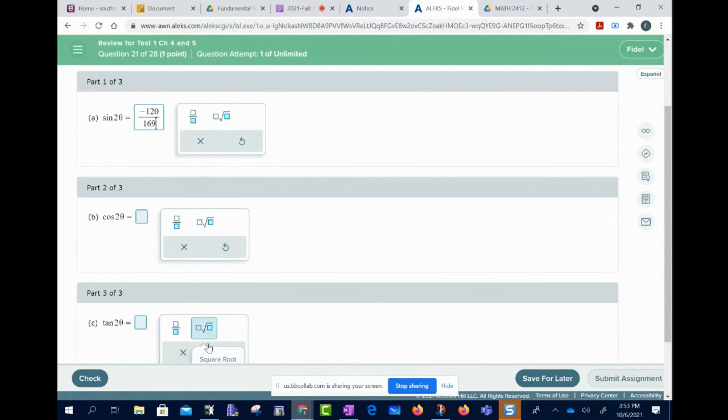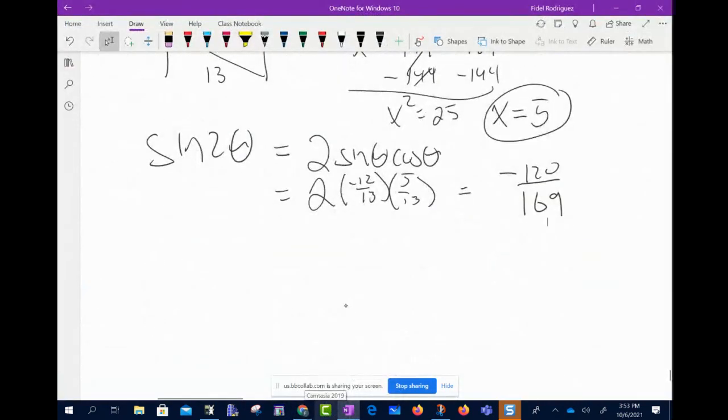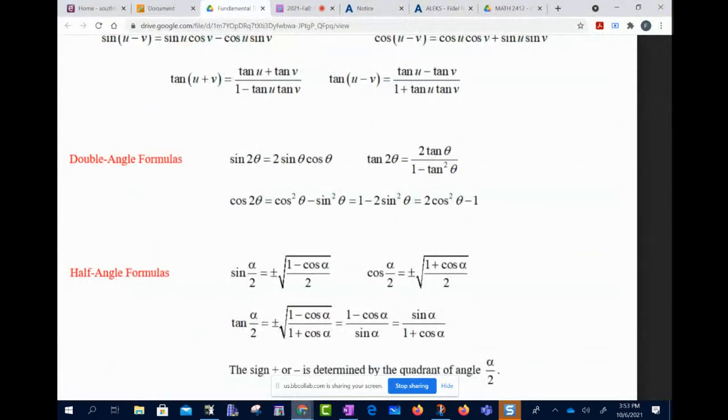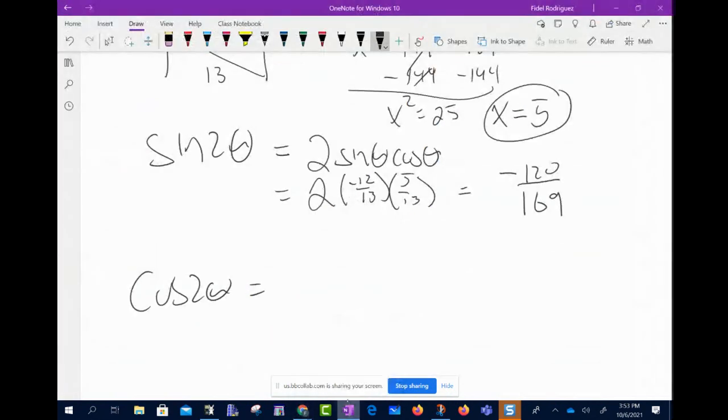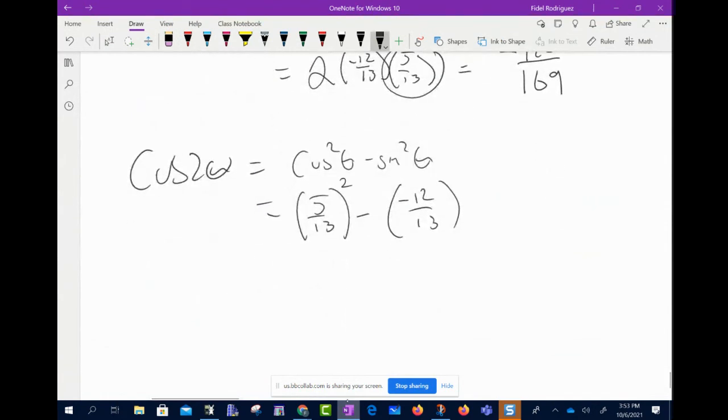Then let's do the next one, cosine of 2 theta. That's one that has 3 different formulas. We can do this one: cosine squared theta minus sine squared theta. We already said cosine was 5 over 13, minus negative 12 over 13, squared them both.